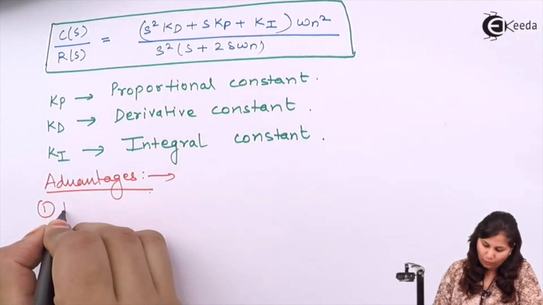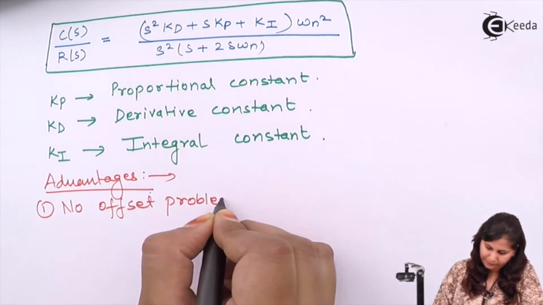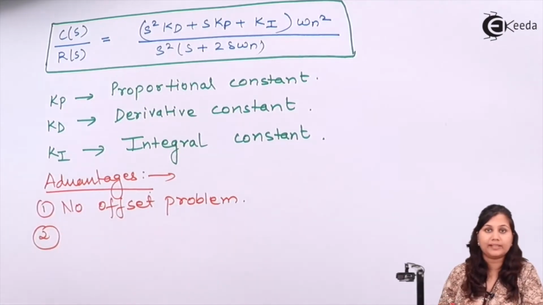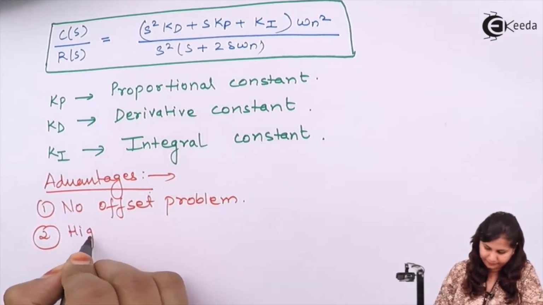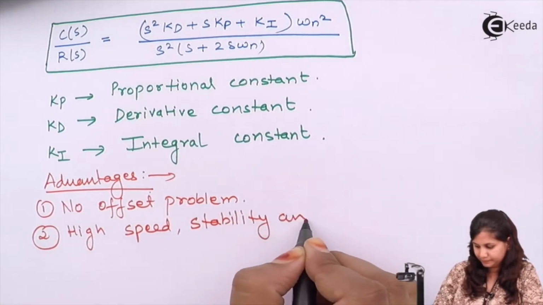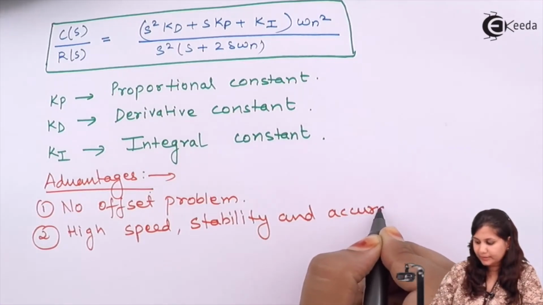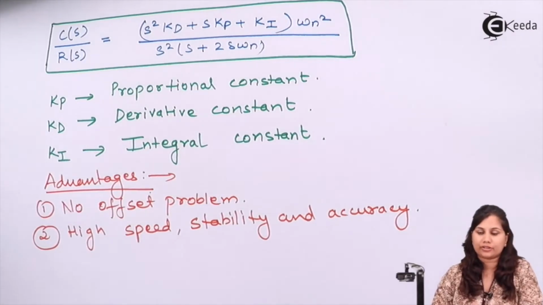Next, it has no offset problem also, and it has high accuracy, high stability, high speed of response. So it is the best controller because it has the advantages of all the three controllers in it, and that's why it is most of the time used in the control systems for the controlling action.